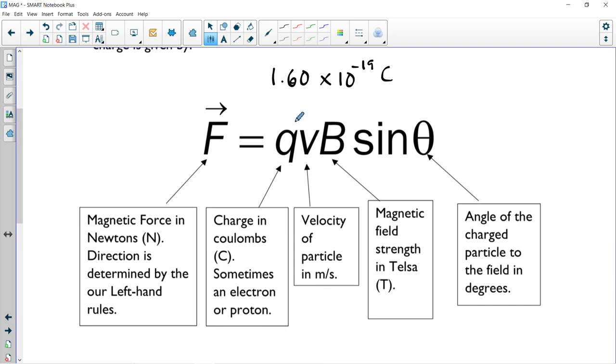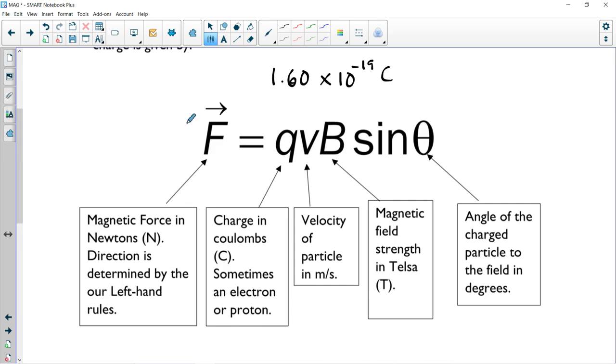That negative means an excess of electrons. If it's negative, it has an excess of electrons. If it's positive, it has a deficiency of electrons. Then, of course, we have v, which is velocity in meters per second. And we have B, which is magnetic field strength in tesla. And then we have sine theta, and we use degrees for this particular formula.